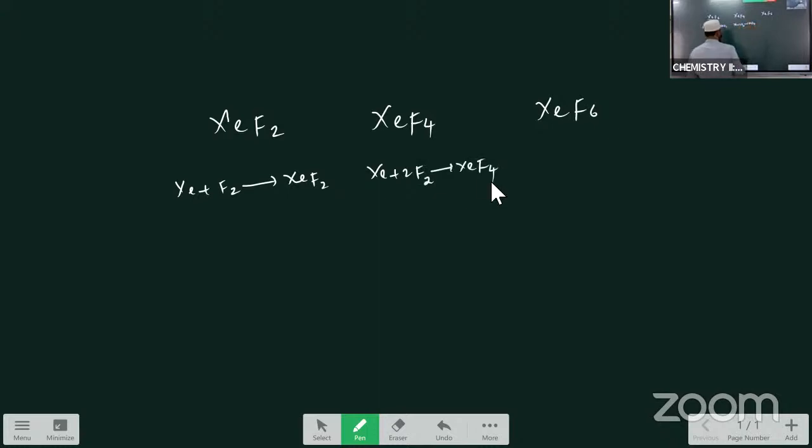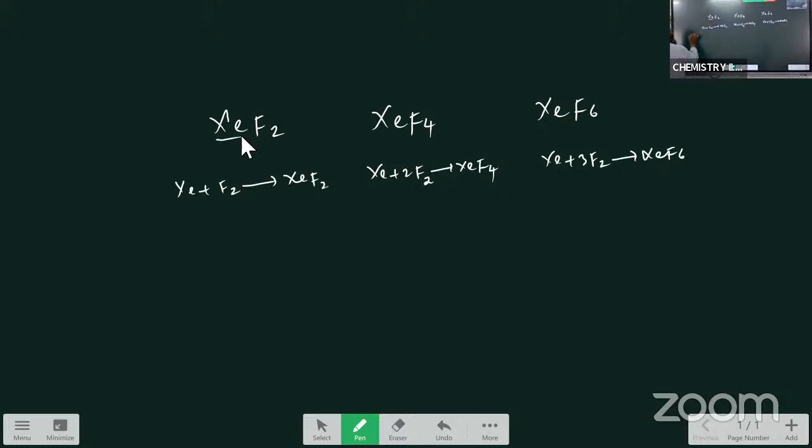This is the preparation of XeF4. Xe plus 3F2 gives rise to XeF6. In the last class I explained the preparation and also the structure of XeF2, XeF4 and XeF6. Just once again I am repeating that.